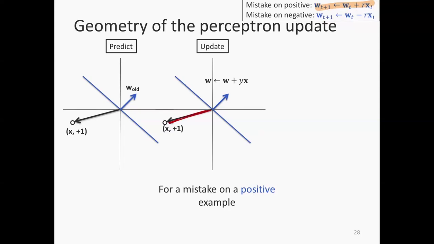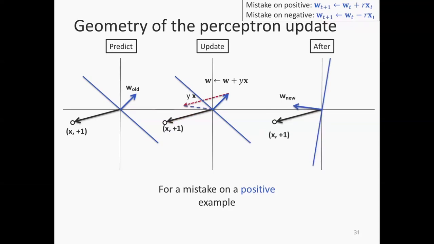How do you add two vectors? You put the head of one vector next to the tail of the other. Some parallelogram shows up, and you complete it, and you get a new vector here. So the resulting weight vector is this new vector. You originally started with W old being this way, and then it has essentially rotated this way.